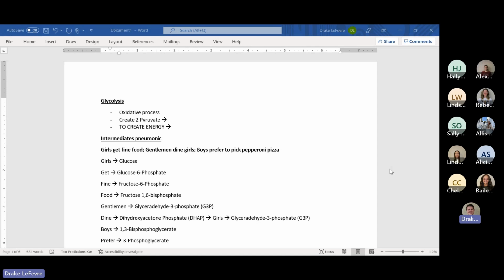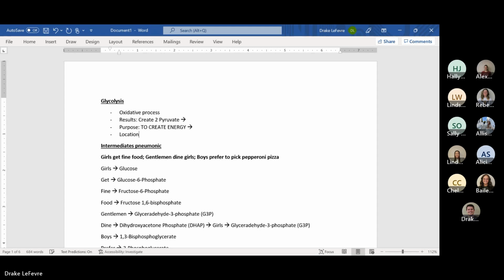For example, within the cell, where does glycolysis take place? In the cytosol. Good. In the cytosol.